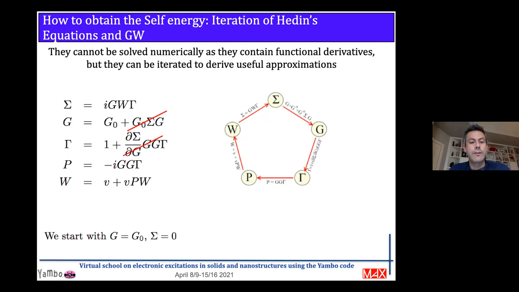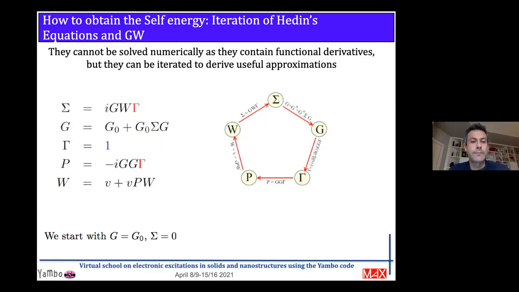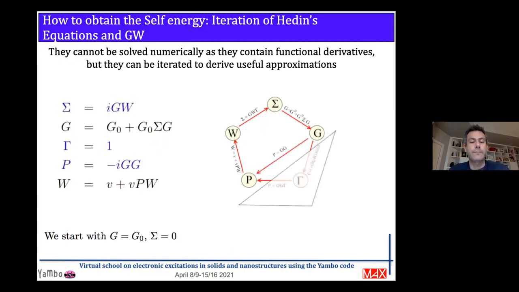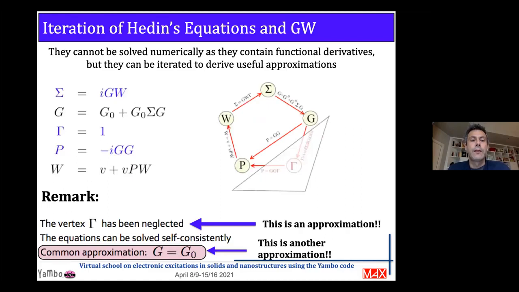We start by considering the Green function of the non-interacting system, so the self-energy will be 0. And here, neglecting the vertex, we arrive at our definition of the self-energy, which is indeed GW. So here an important remark: note that the vertex has been neglected, so this is an approximation.